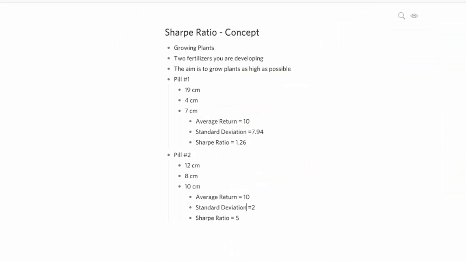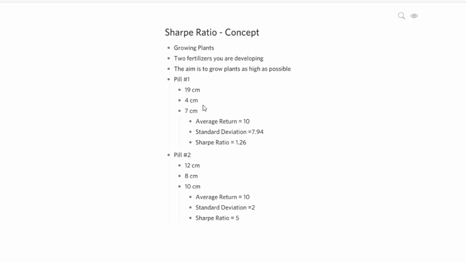And again, coming back to here, what we are measuring here is the volatility of a strategy or portfolio. So what we want to do, you can just substitute this fertilizer with, let's say, option trading strategy number 1, option trading strategy number 2. And you obviously substitute the growth with P&L, and you can see, okay, with strategy number 1, the Sharpe ratio is 1.26. It's much lower than the second one, which is 5.